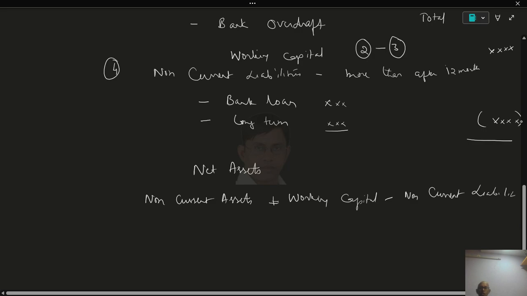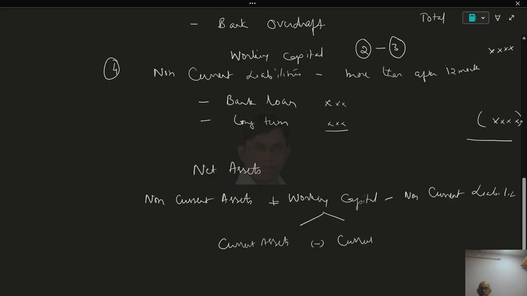What is working capital? Working capital is nothing but current assets minus current liabilities.